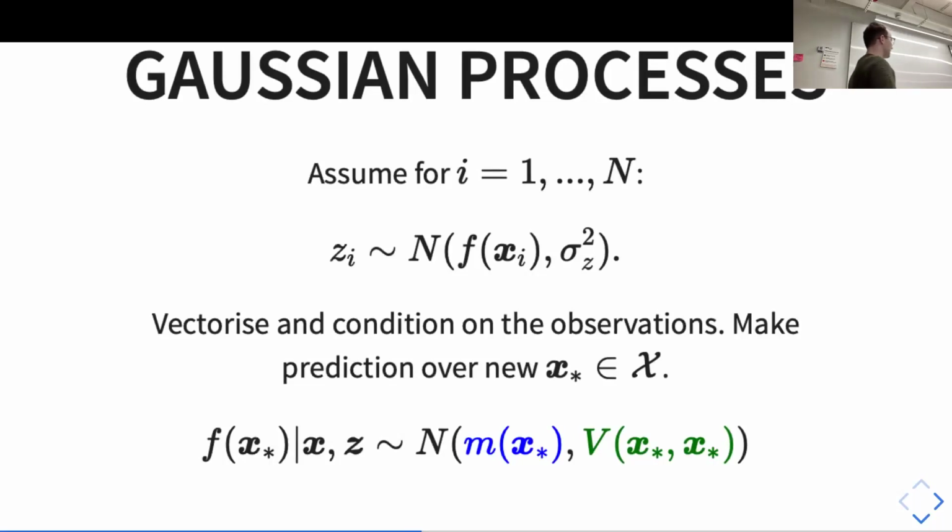These are slightly noisy in this case, but we know that the function has passed through these particular points, roughly. We want to condition on those observations. We're going to vectorize it, just put it in a line. And then suppose we now want to make a prediction over a new set of points. So we know where we've gone through, we've made some observations, and now we want to make a prediction over some other points. This is about to get ugly, I'm sorry.